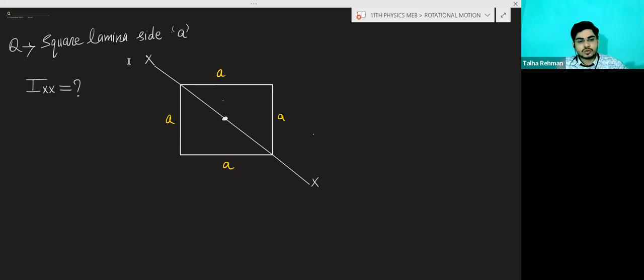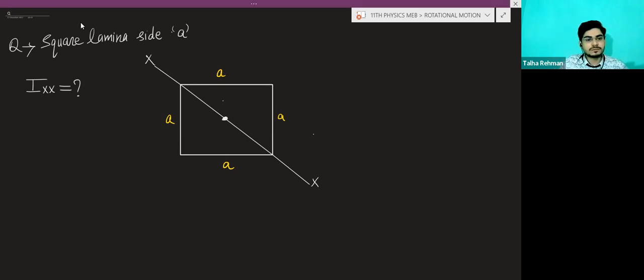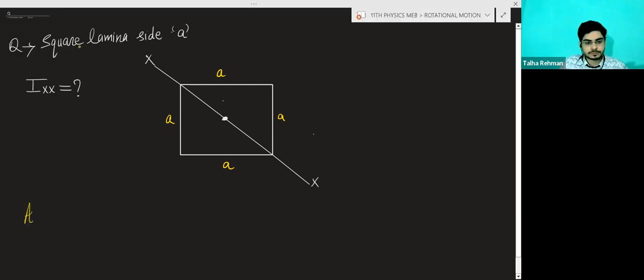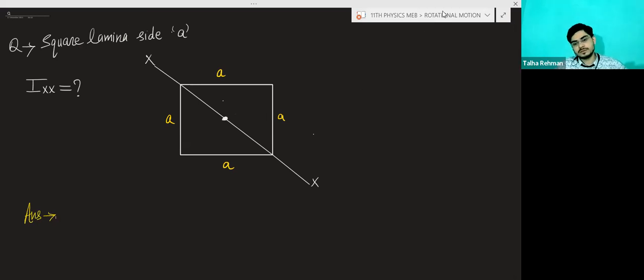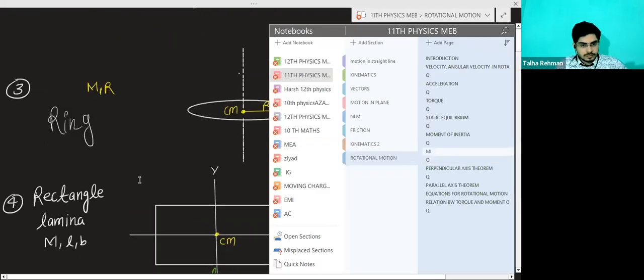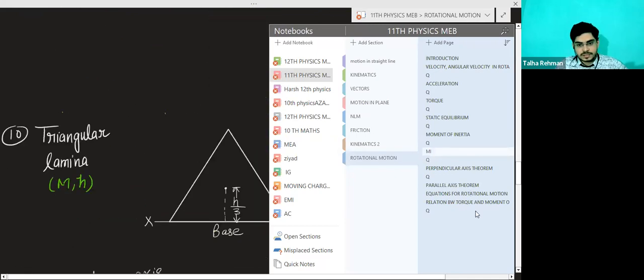You have to find the moment of inertia about this axis. This is a square lamina. Lamina means any two-dimensional object. So how will we find it? We have seen this case.